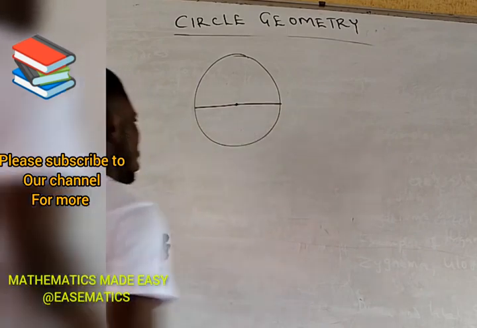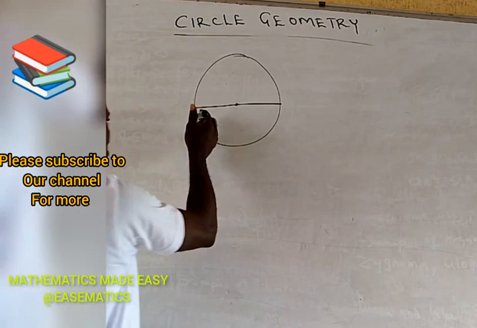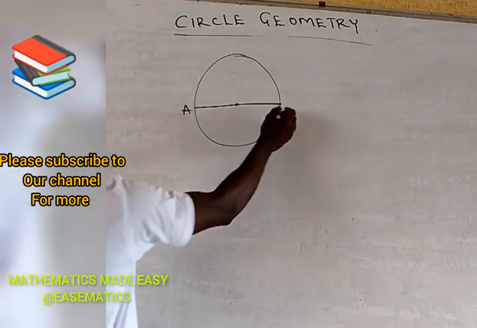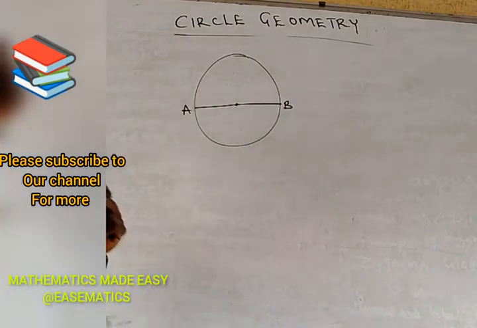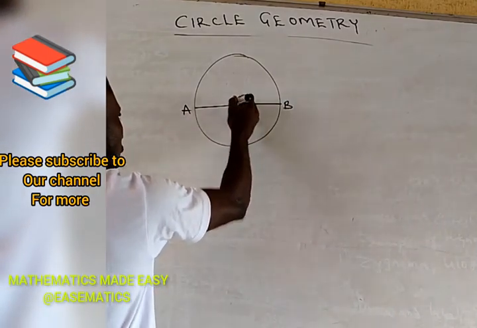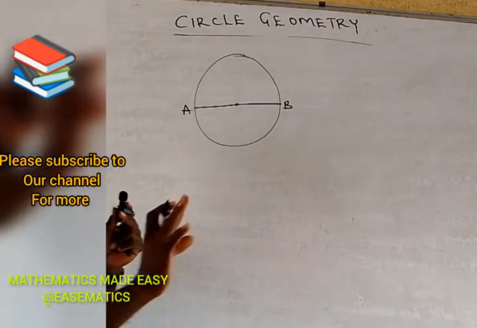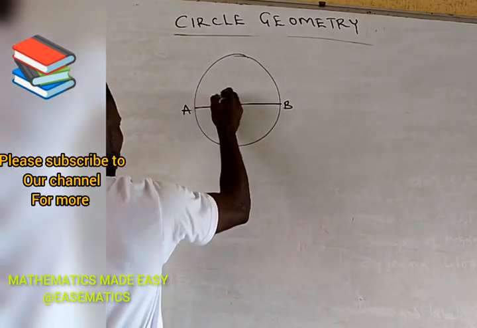If this is the center of the circle and a line segment, let me call it A to B, runs from A to B and passes across the center of the circle, it will be regarded as the diameter.